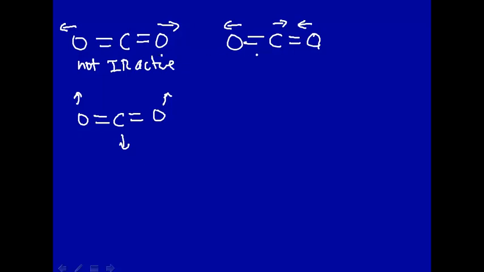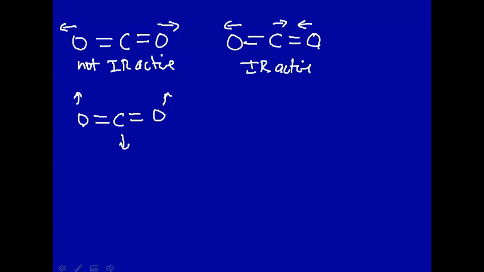Now let's look at this one. Well, initially carbon dioxide does not have a dipole moment, but if this stretches this way and these two stretch that way, this does have a dipole moment, and that dipole moment will fluctuate as the atoms vibrate. So this then would be IR active.